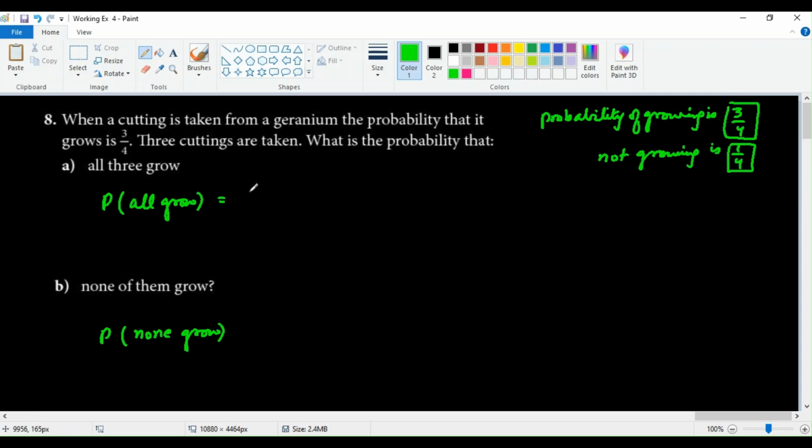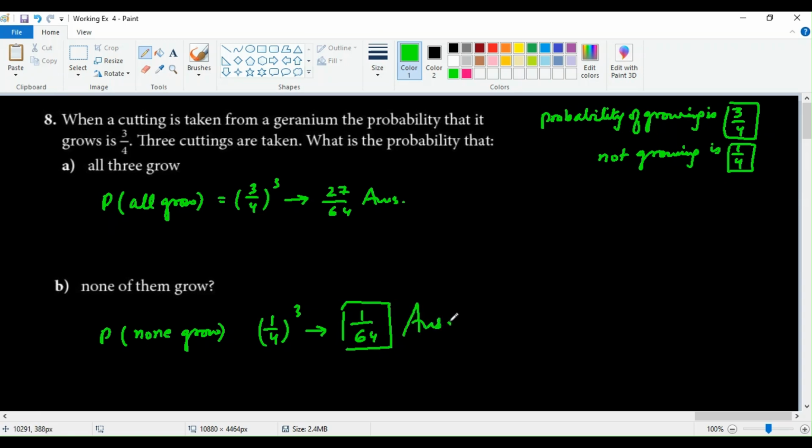Since it is going to be three times, it's 3 over 4 to the power of 3, which gives us 27 over 64. Since this cannot be simplified further, this is going to be the answer. When it comes to not growing, it's going to be 1 over 4, and since it is 3 times, we cube it, and it's going to be 1 over 64.